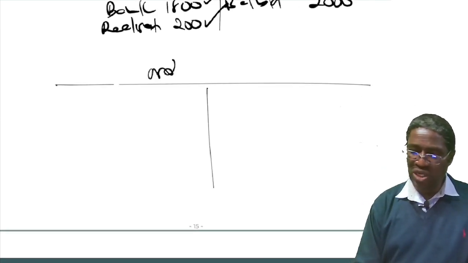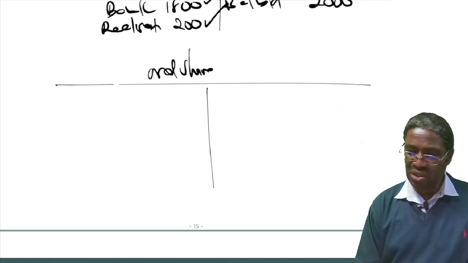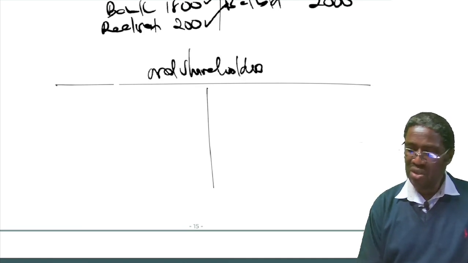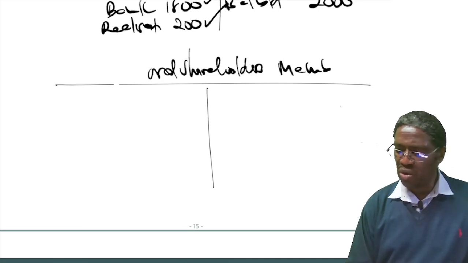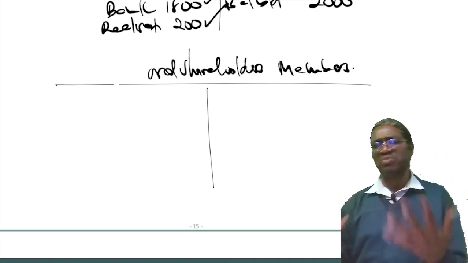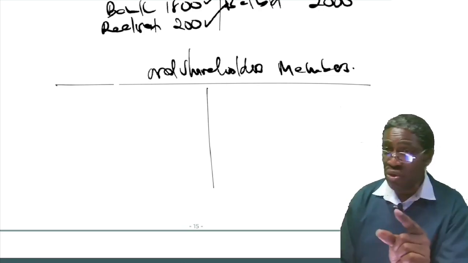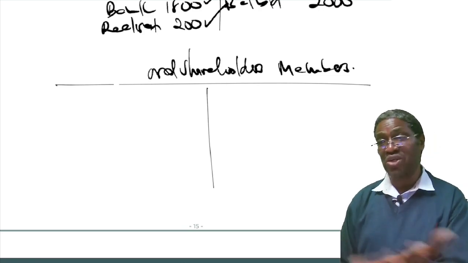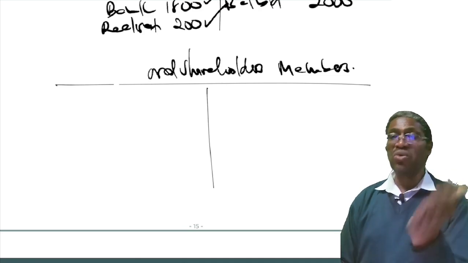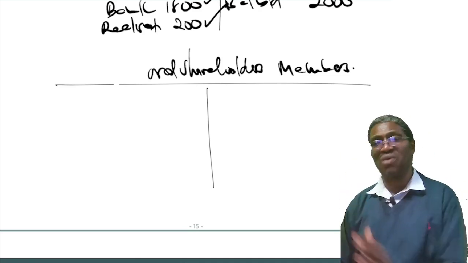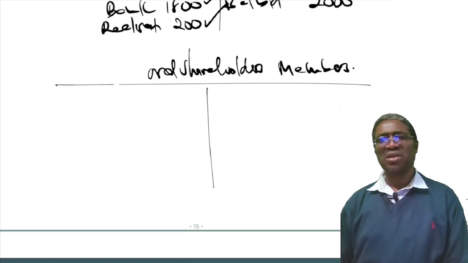We call it ordinary shareholders members. Some books will call it ordinary shareholders sundries members account, whatever the question will call it.